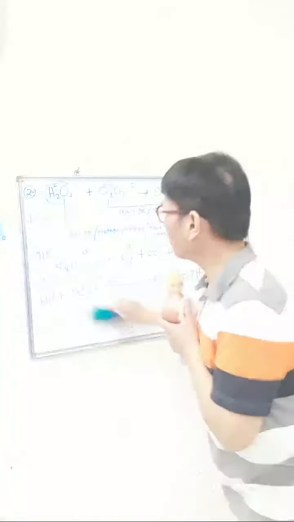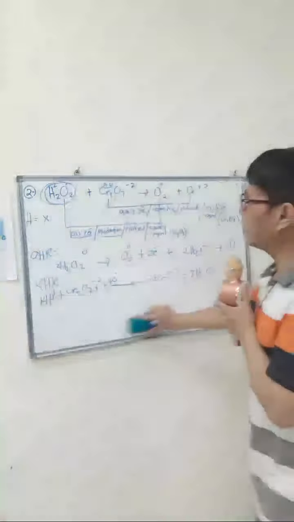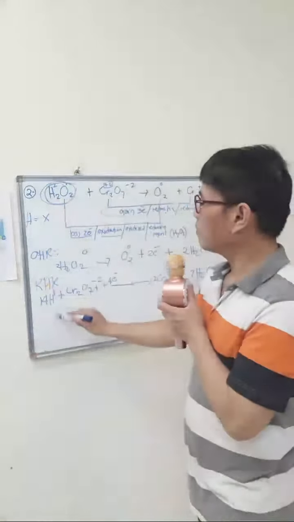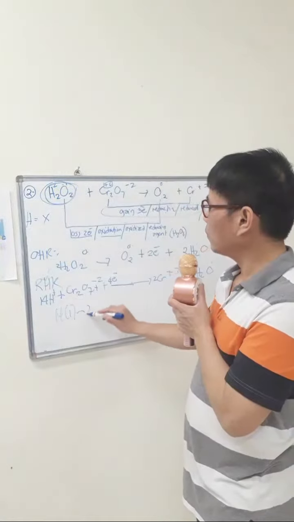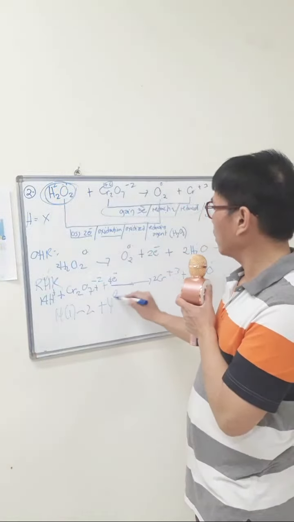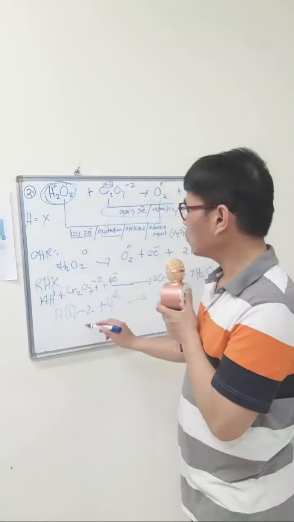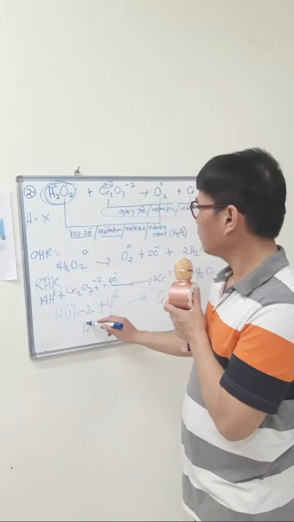Okay. So balance again the reaction. Then we have 14 times 1, negative 2 plus 4 electrons goes to 6, 0. Then 14 minus 2, 12, right? Okay, ganon.